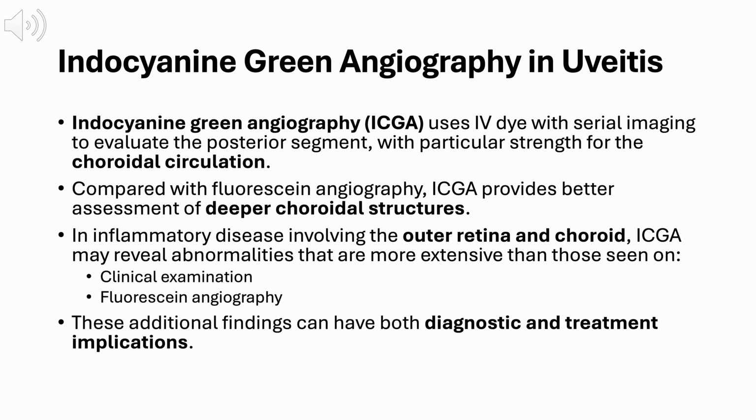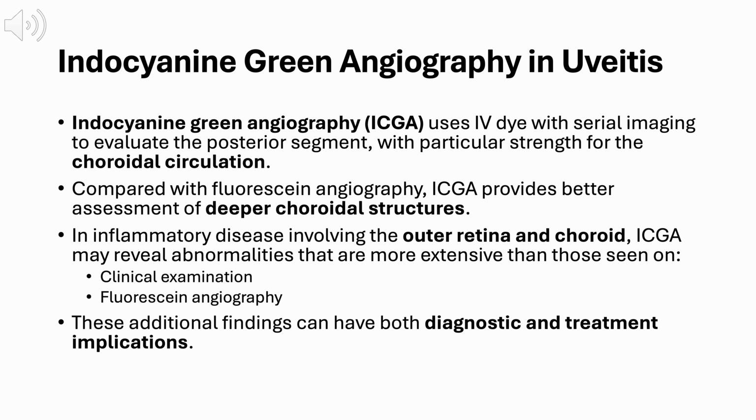Indocyanine green angiography, ICGA, is the choroidal counterpart to fluorescein angiography. It also uses an intravenous dye with serial imaging, but its particular strength is the choroidal circulation, which it visualizes far better than FA, because the ICG dye, in its longer wavelengths, penetrates the RPE that tends to obscure the choroid on fluorescein.